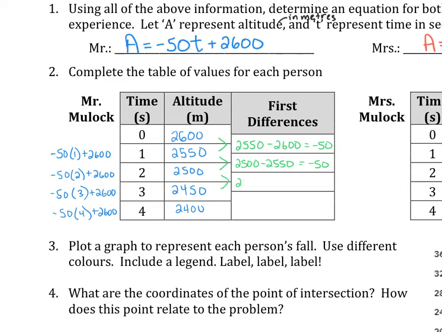The next one is 2,450 minus 2,500, which is negative 50. And then 2,400 minus 2,450. So all the first differences are the same. So this is a linear graph.